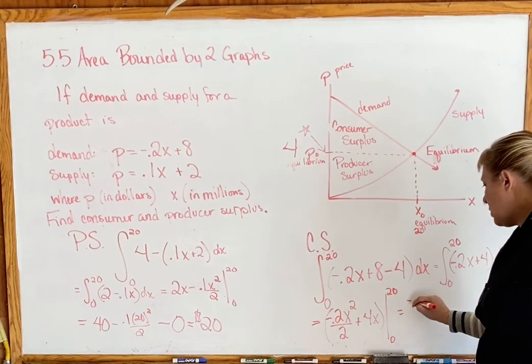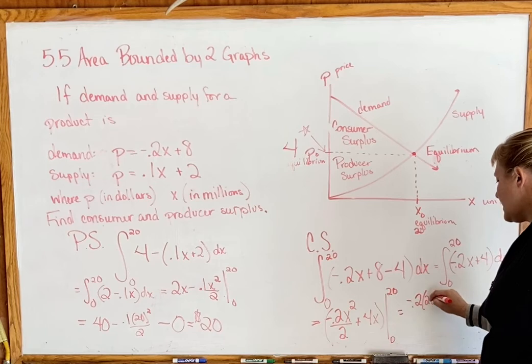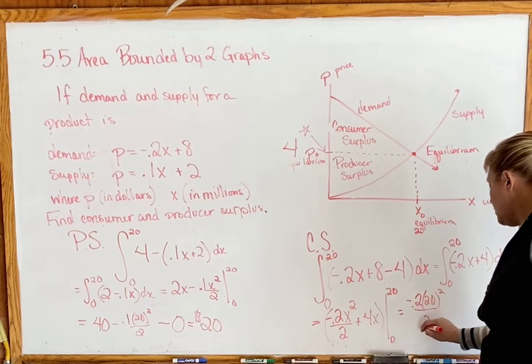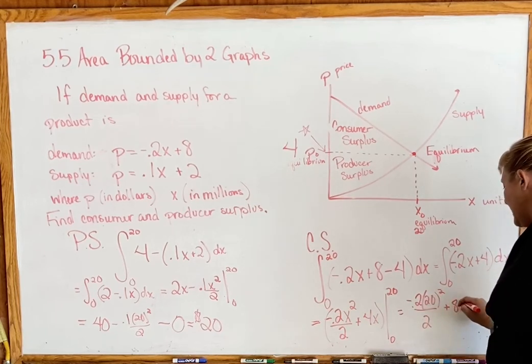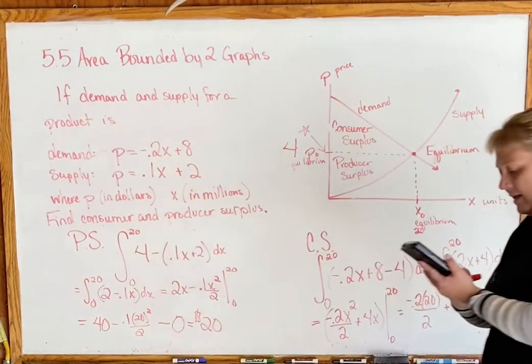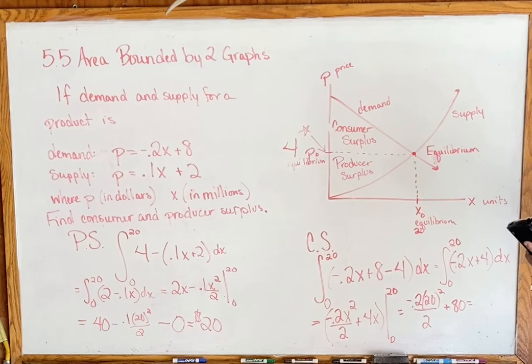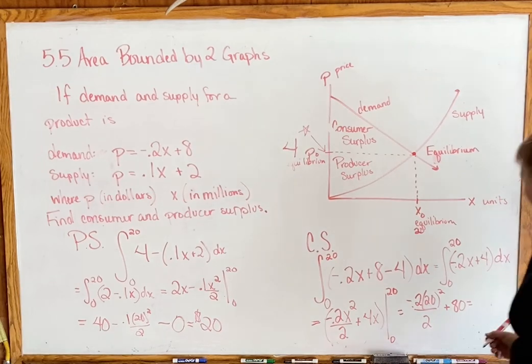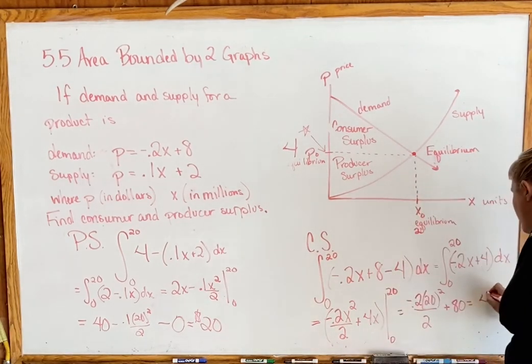So negative 0.2 times 20 squared over 2 plus 80. All right, now let's see. Negative 0.2 times 20 squared divided by 2 plus 80. There, that looks so much better, is $40.